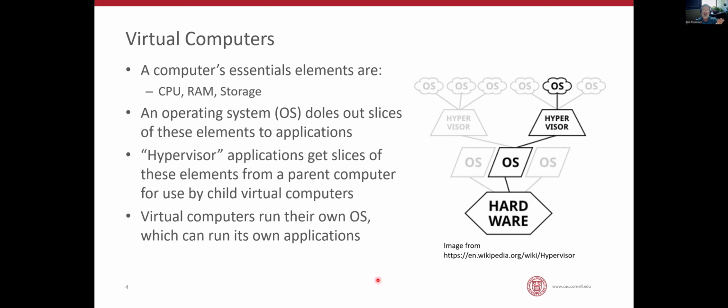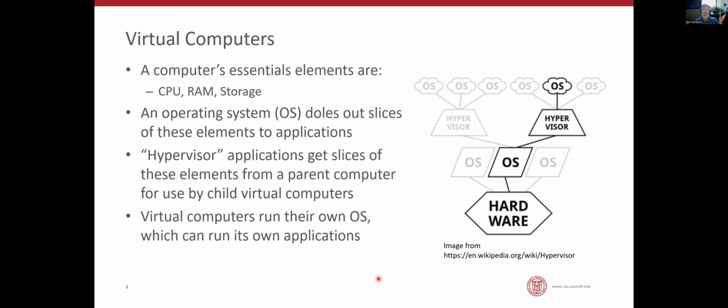If that's all you have, you still have a computer. The display, the mouse, keyboard, USB ports, whatever else you have, a camera, those things are peripheral. And so in the high-performance computing world, we really focus on the aspects of the computer that are essential. And so that's kind of what defines a virtual computer.